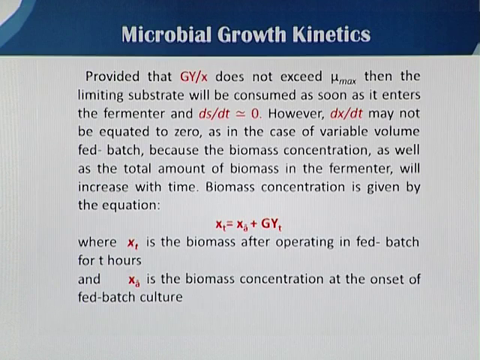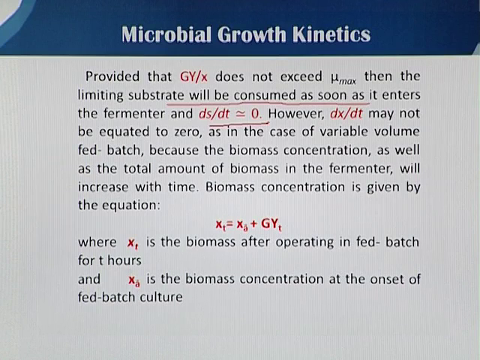Then the limiting substrate will be consumed as it enters the fermenter, so ds over dt is equal to 0, because in fixed volume our feeding strategy is based on adding the substrate only when it is depleting, with no more availability of it.